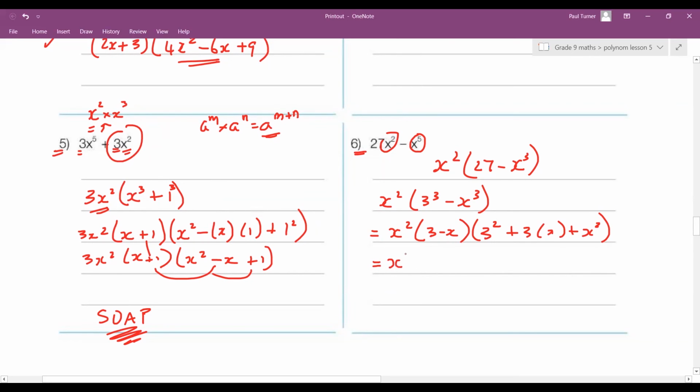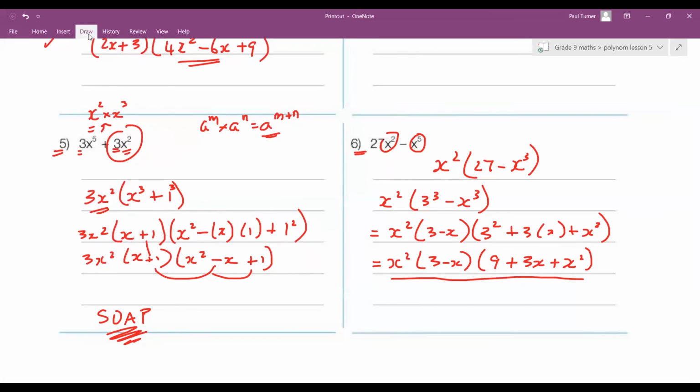So then you've got x squared, 3 minus x, 9 plus 3x plus x squared. That's your final answer. So notice that you will get, in some questions, 3 factors, especially when you factorize at the start.